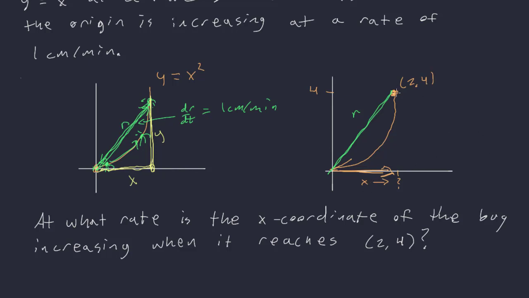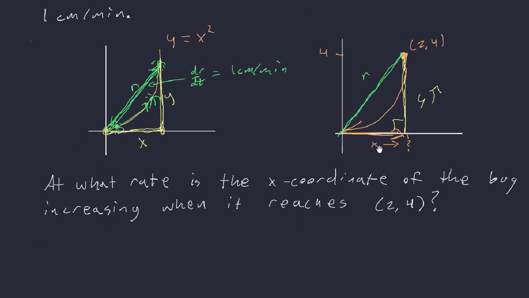Okay, so how do we do that? Well, of course we're going to use relative rates, but notice there's not going to be any constants we put in, but we are using a right triangle. So we can use the Pythagorean theorem.